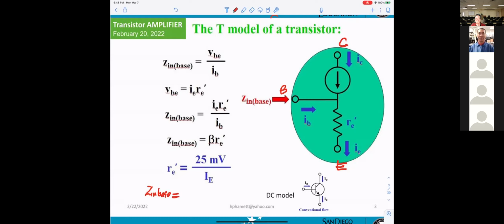The impedance? Yes, remember, Z is impedance. Z in base means input impedance.